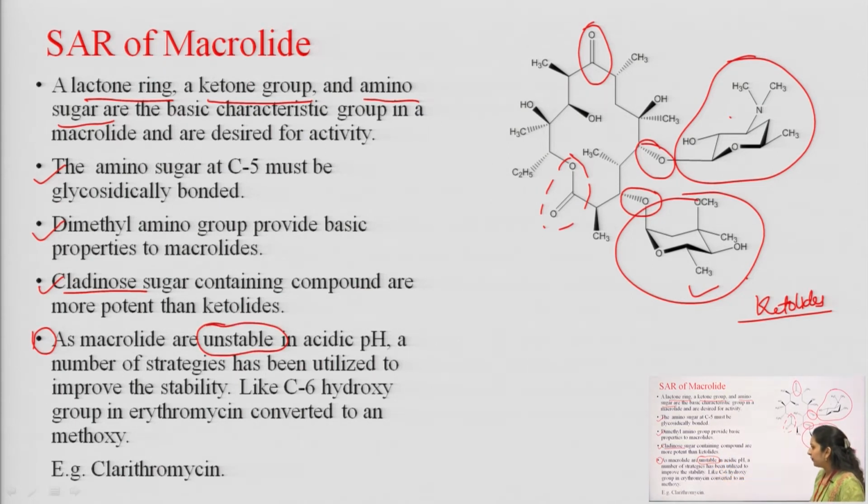So to improve the acidic stability, the hydroxy group present at carbon number 6 was replaced by a methoxy group, and it is known as clarithromycin.